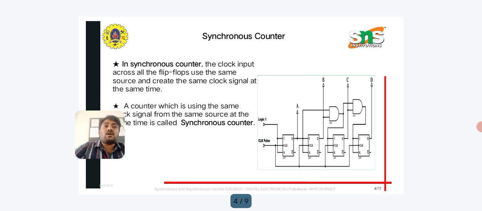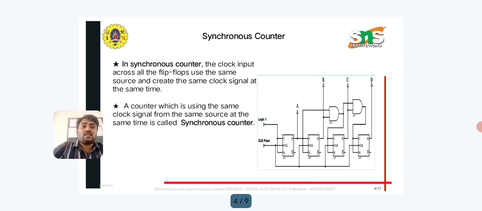A counter which uses the same clock signal from the same source at the same time is called a synchronous counter, and it has some unique characteristics, that is clocking.